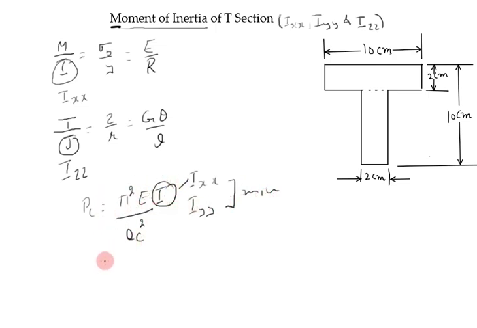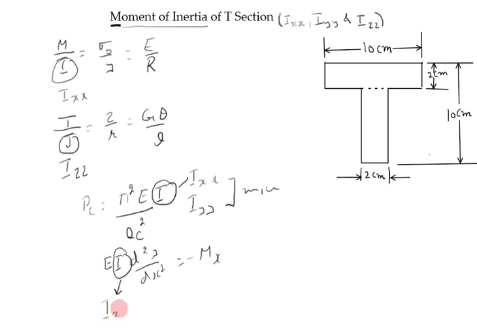Then the last chapter is slope and deflection, and the Euler-Bernoulli equation is EI d square y by dx square equals minus Mx. In this also we need to calculate the moment of inertia, which is Ixx. So it is very important to know how to calculate the moment of inertia.